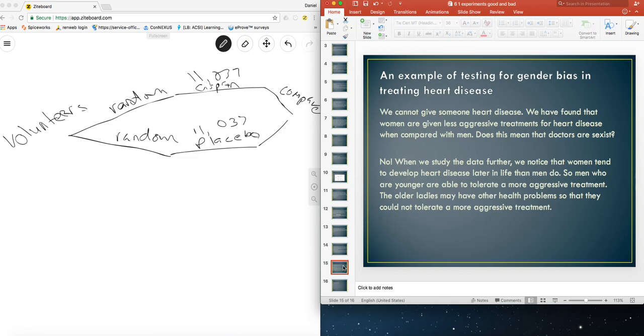Like maybe you have diabetes, or maybe you've had cancer, or maybe you have weak bones, or something else might be going on just because you've gotten older. They can't really take a stronger treatment, so they have to go with a less strong treatment. So that's an example of a confounding variable where at first it looks like something's going on that's maybe not right, and then at the end it turns out it really wasn't. It's just that there are some other things going on.